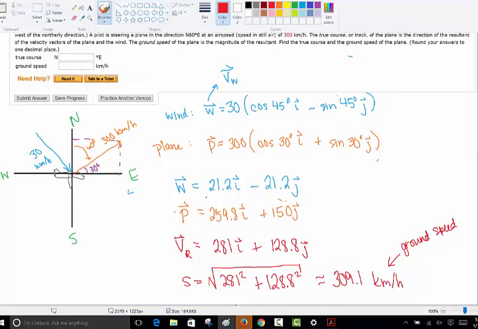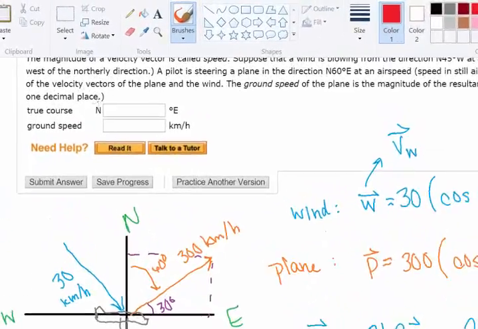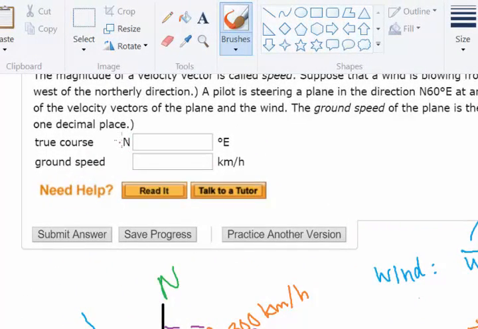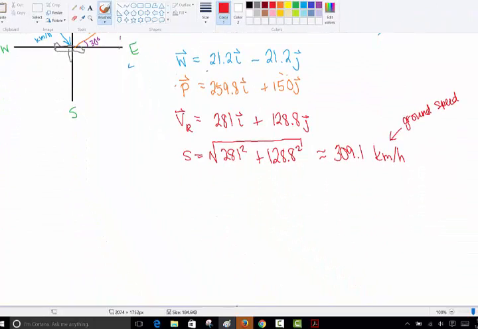So, okay, let's think about what that vector looks like. And they want us to use this bearing notation. How many degrees east of north will it be? So let's just think about what that vector looks like. So we go 281 units over.